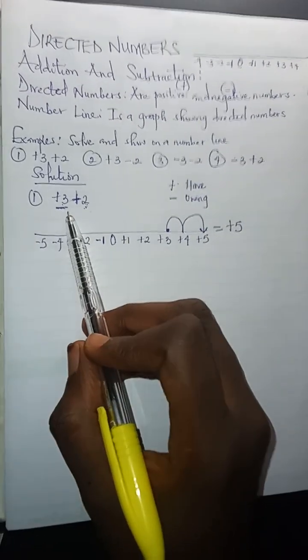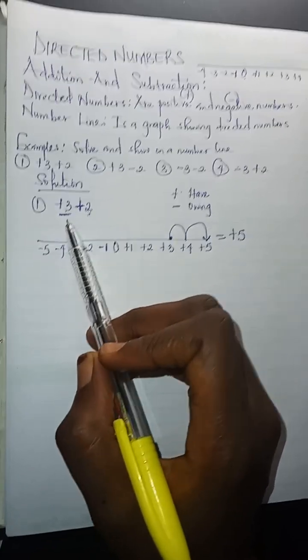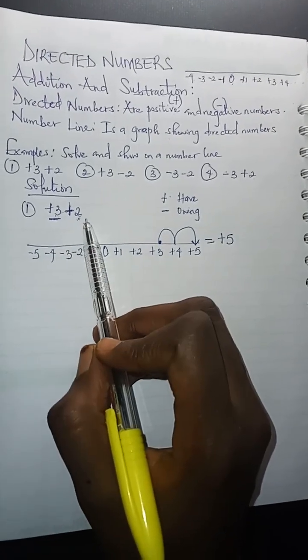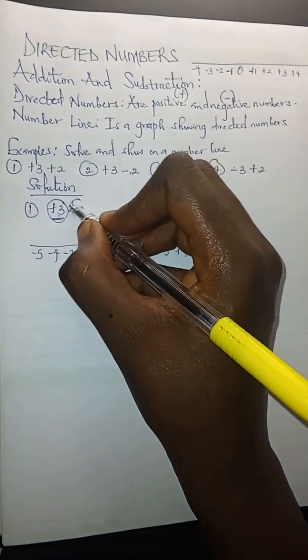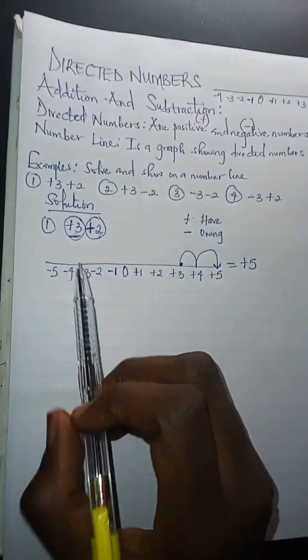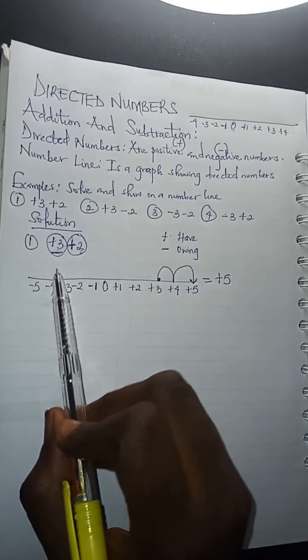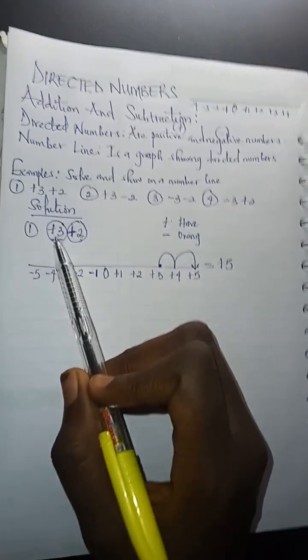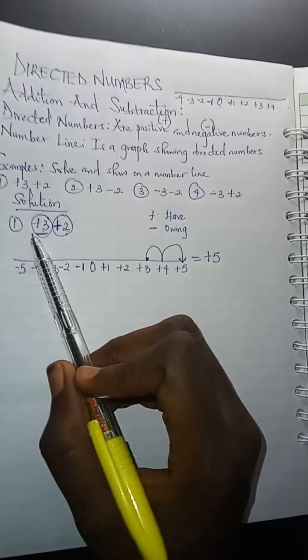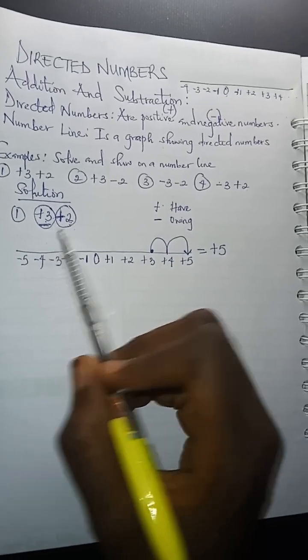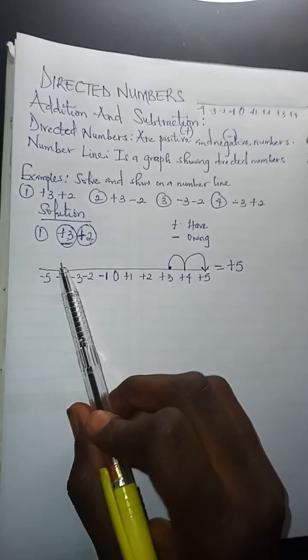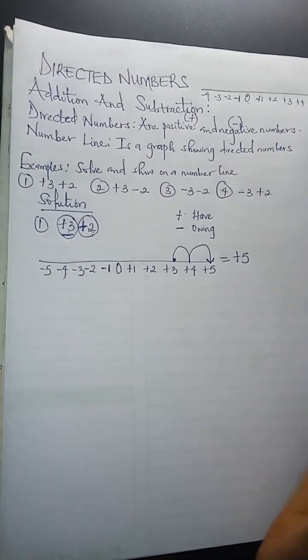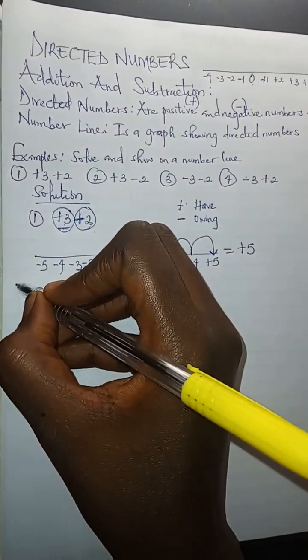So in a situation like this question here, plus 3 plus 2 means you have plus 3 naira and also you have another plus 2 naira. So are you owing anybody here? No, that means there's no negative here, right? That means you have plus 3 plus 2, meaning the total amount of money you have here is plus 5. You do not have any negative amount here because you're not owing. That's in the layman's language. Let's move on and we'll understand better.